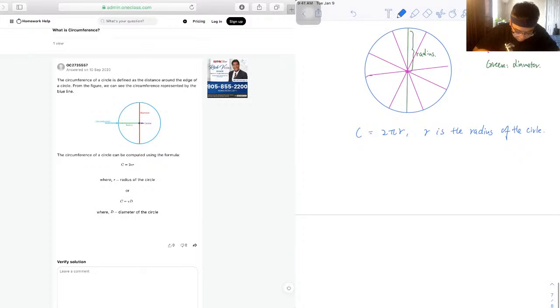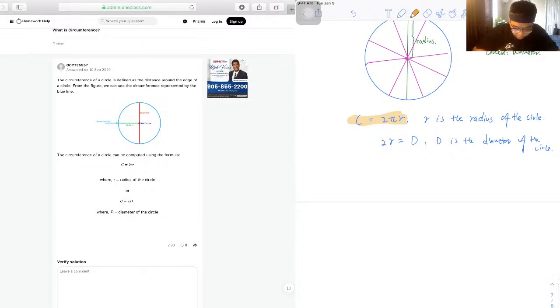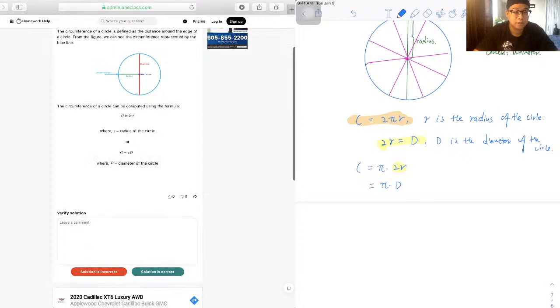So 2r is equal to d, where d is the diameter of the circle. So this formula can also be represented by C is equal to pi times 2r, and because we know 2r is equal to d, C is also equal to pi d, where d is the diameter of the circle. So I think that's all we have for this question.